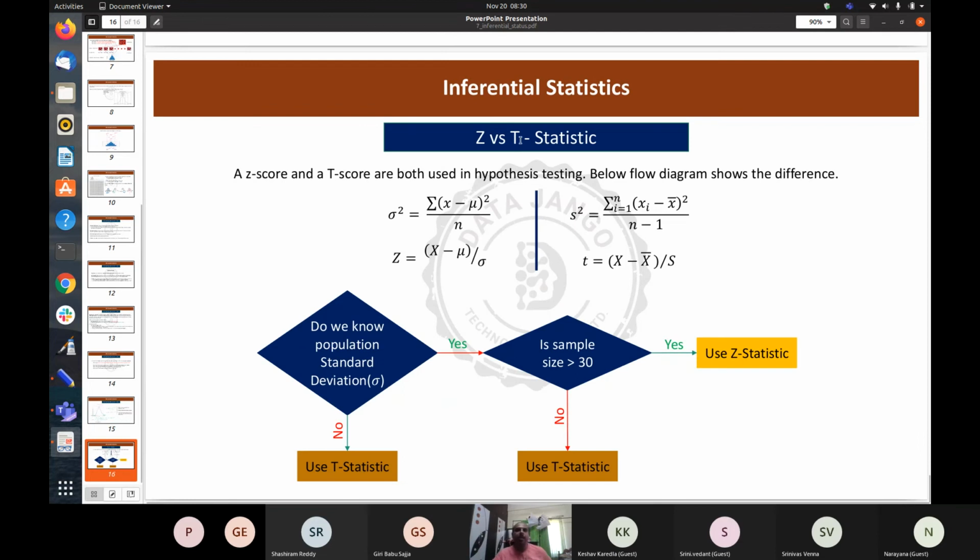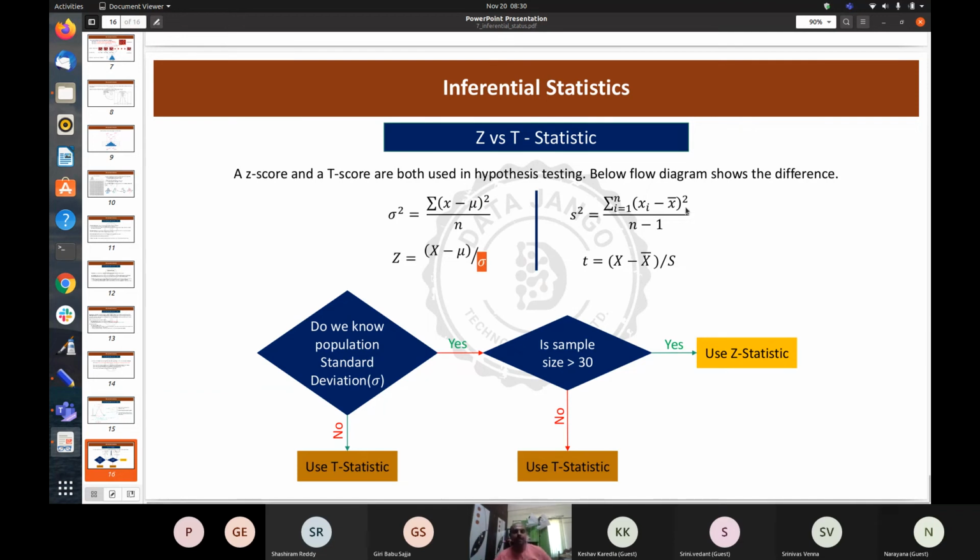Okay, the next thing is z-test and t-test. There are two kinds of tests. When you take the whole population and calculate the mean, you call it mu. When you take the whole population and calculate the standard deviation, you call it sigma.